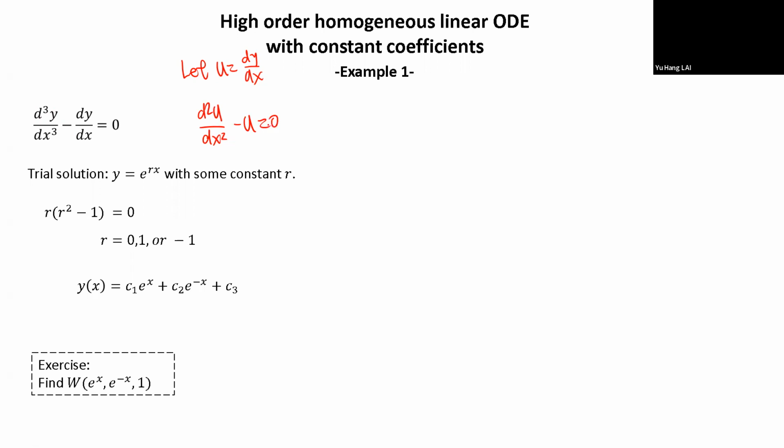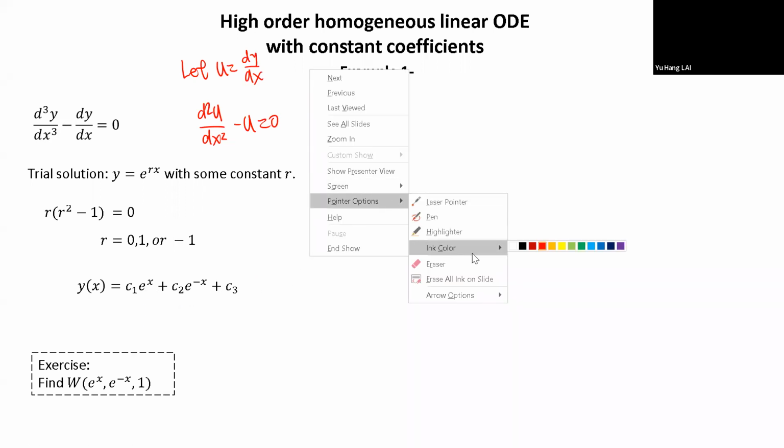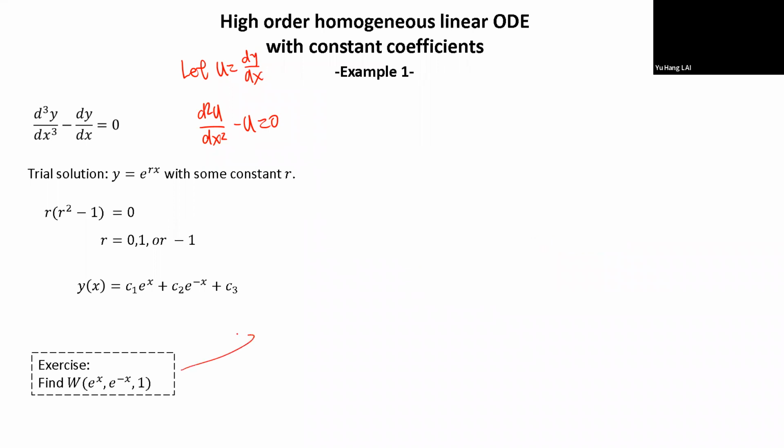So this is just equivalent to a second order ODE. Now I have these three solutions, so let's try to verify whether the three of them are actually linearly independent. We can use the Wronskian, the 3 by 3 determinant.